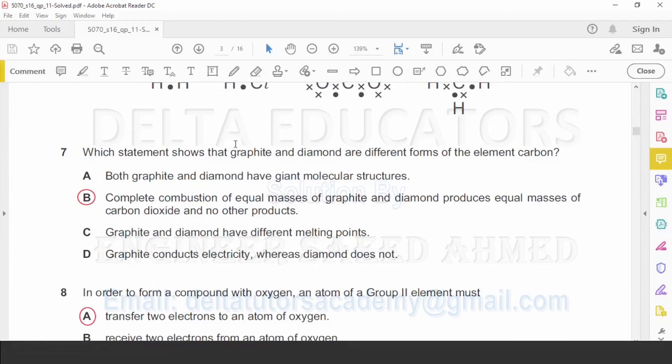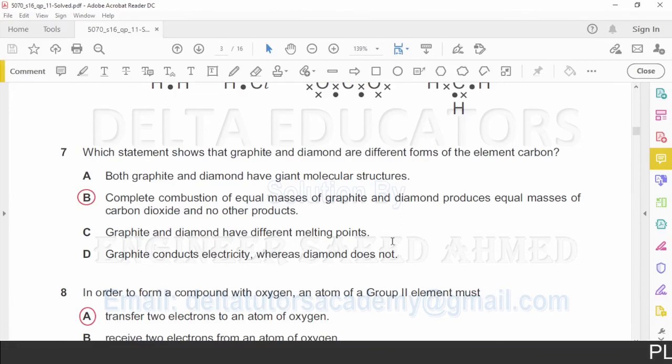So if graphite is carbon or diamond is carbon, then it will give us carbon dioxide, and if it is not carbon, then it will not give us carbon dioxide. So here this option B gives us the chemical characteristic of an element. So option B is correct option. What is given in the other options? Option C, graphite and diamond have different melting points.